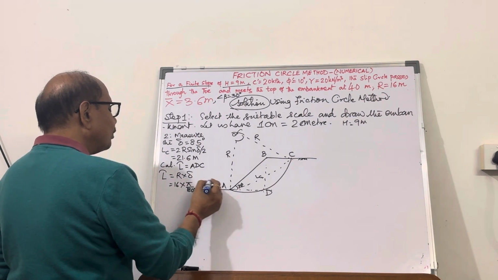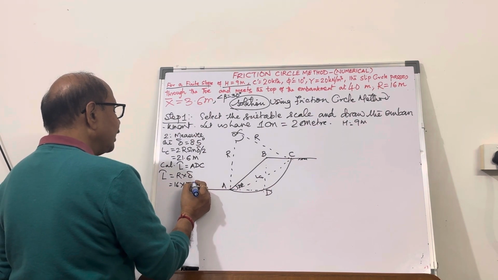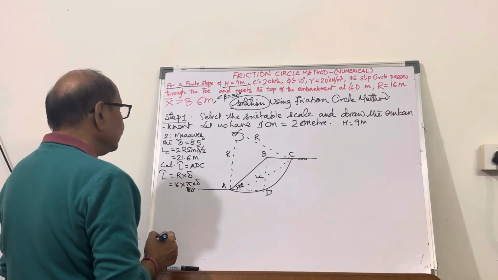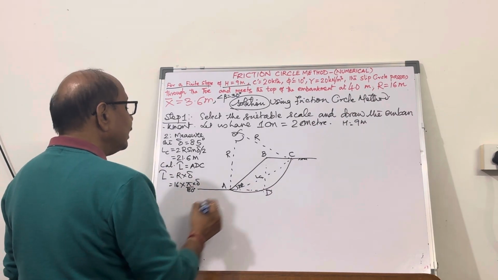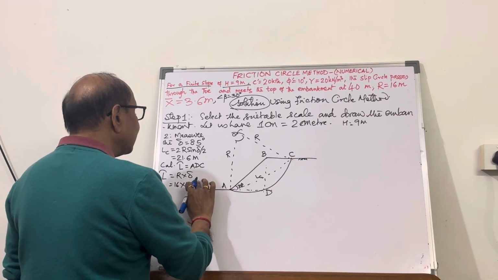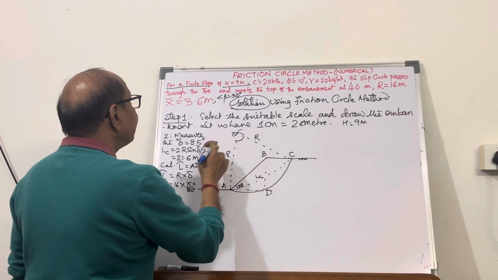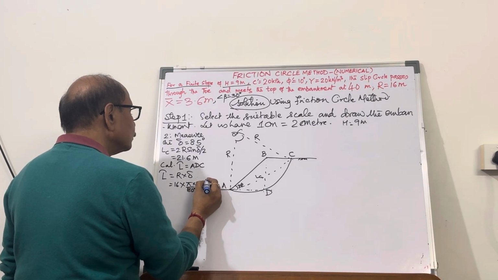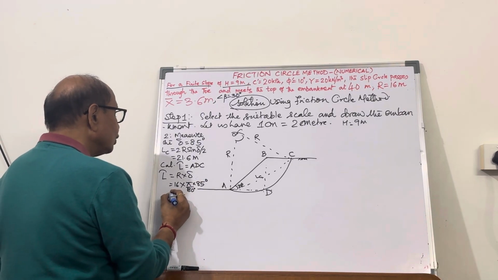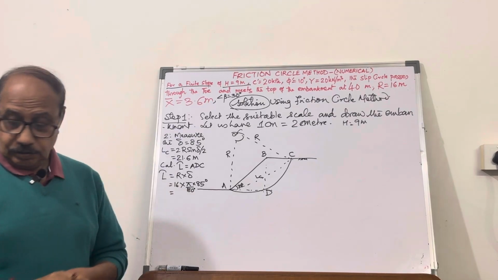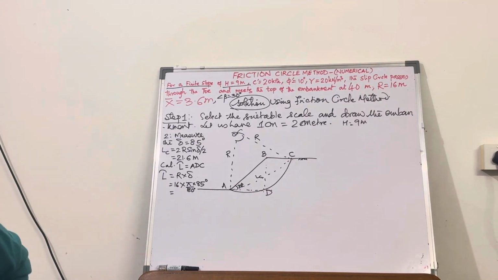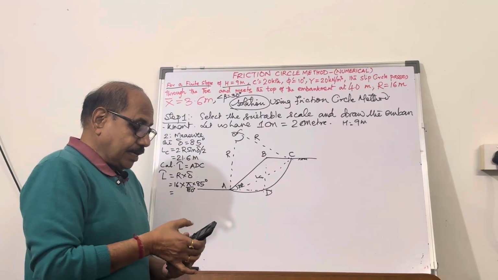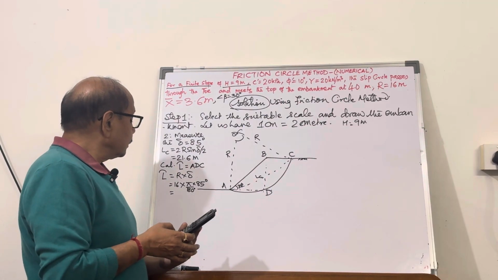180 degree equal to pi radians. So delta in radians will be pi by 180 into delta. And delta is already known to us as 85 degree. So friends, if you take your calculator and calculate it, you will easily be able to do it.